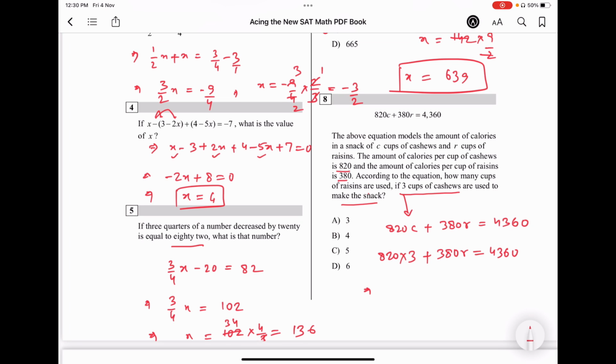This gives us 2460. Then subtracting 2460 from both sides, I get 1900. Then dividing by 380 on both sides, I get 5. So R equals 5. So this completes this exercise.